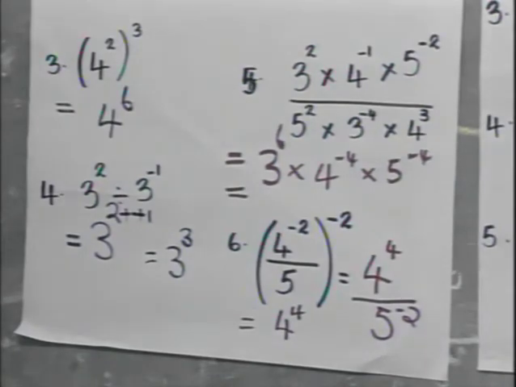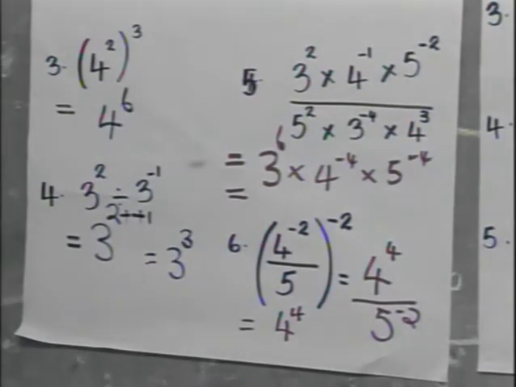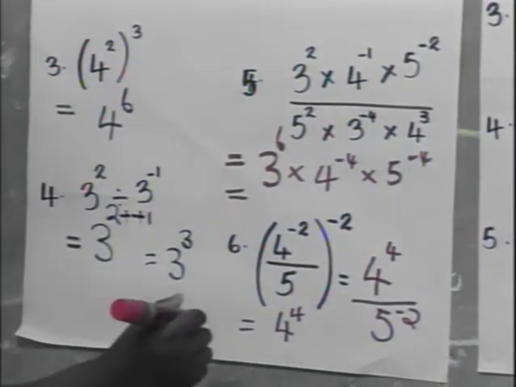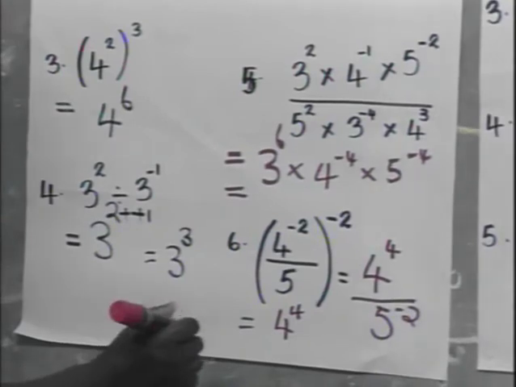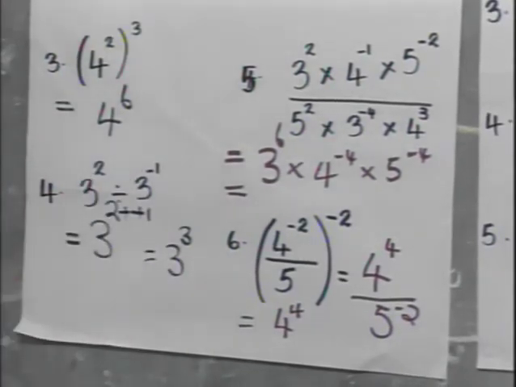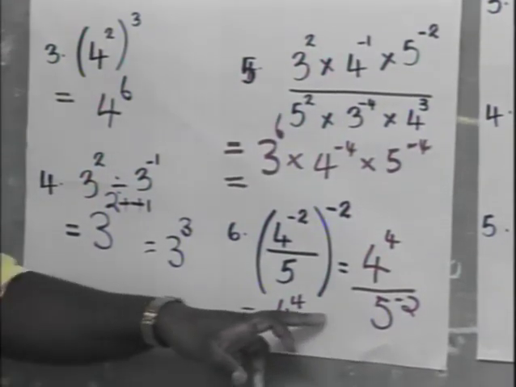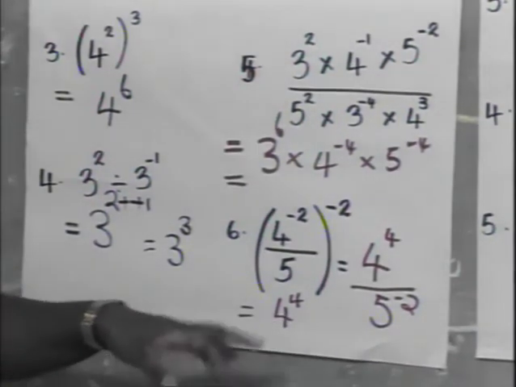Four to the power of 4 divided by 1 over 5 to the power of 2. If I divide by a fraction, just imagine this in your heads: 4 to the power of 4 divided by 1 over 5 squared.